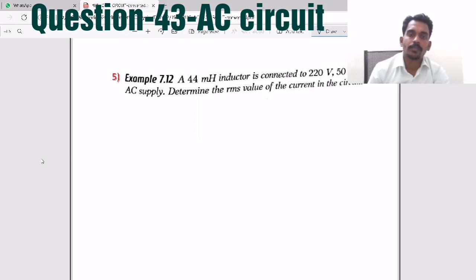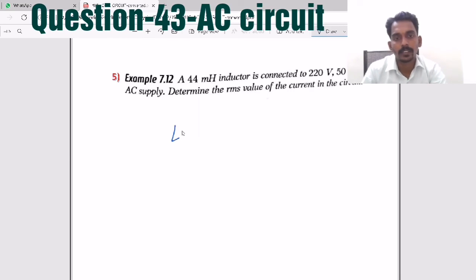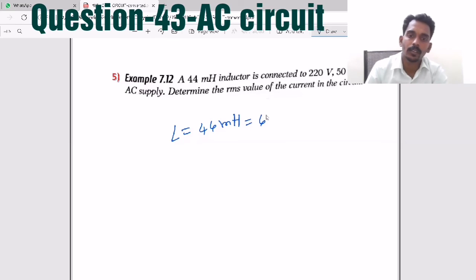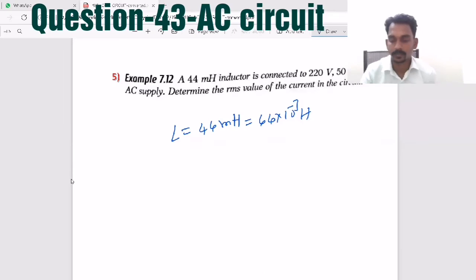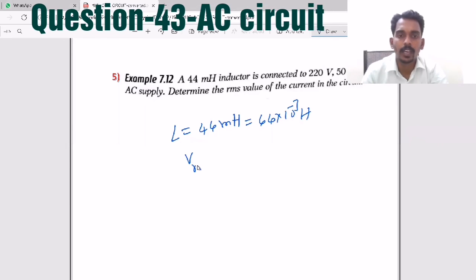Now one last and final question. A 44 millihenry inductance, nothing but 44 into 10 power minus 3 Henry, is connected to a 220 volt supply. So L is 44 millihenry and V RMS is 220 volt. Determine the RMS value of the current.